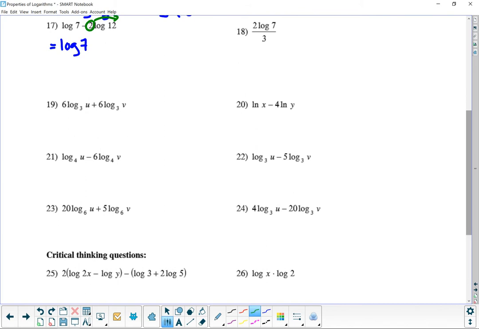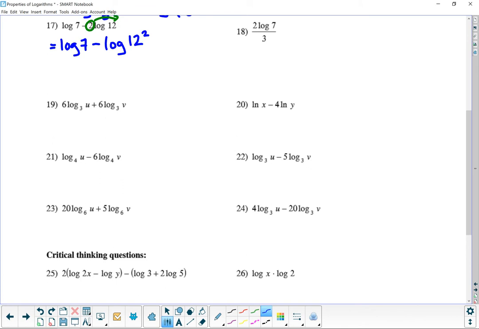Okay, so that means that I'm going to have now minus log of 12 squared. And again, I don't want to turn that 12 squared into a 144 because that would lose the structure that it was originally 12 and a 2 in the front.